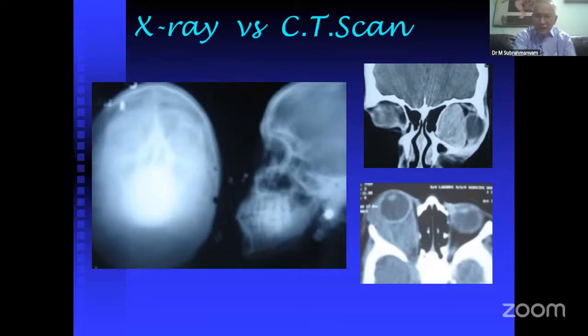And if you look at the other CT scan, what does it show? It shows a hyperdense mass again involving the entire peripheral and intraconal space, extending behind through the superior orbital fissure into the brain.